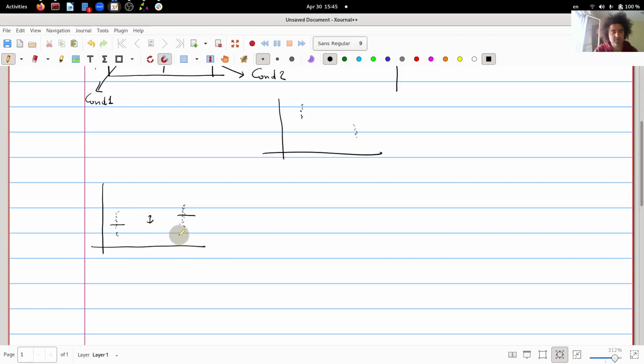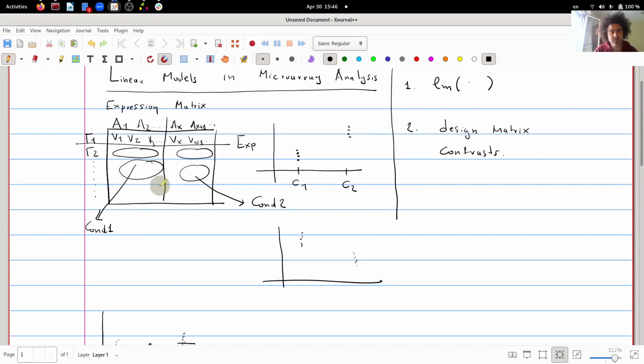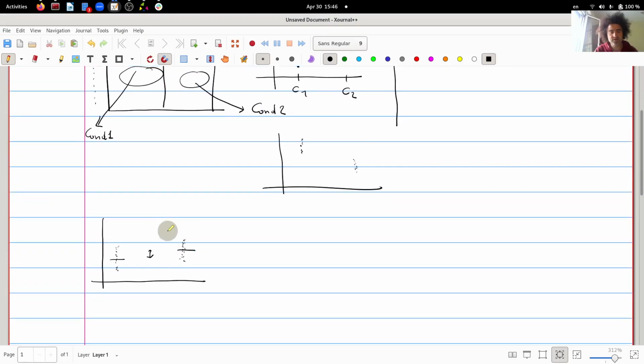And if we have enough measurements here, we can maybe show that this difference is statistically significant. So what we try to do is detect these genes where the average difference between these two classes is statistically significant.